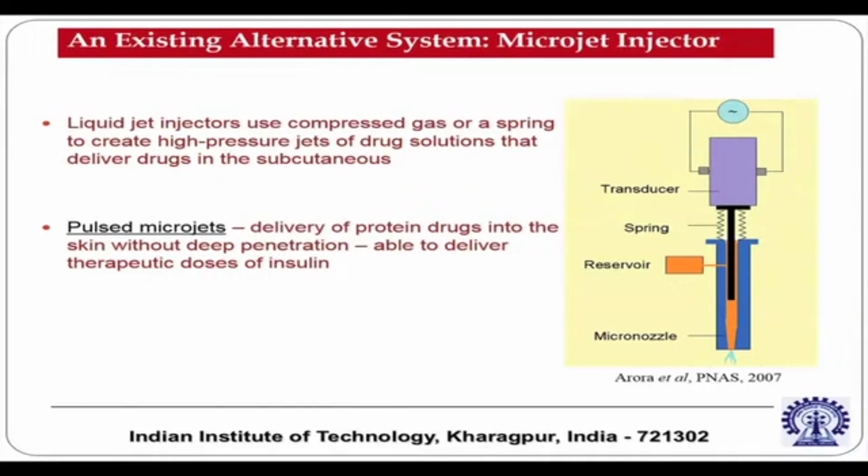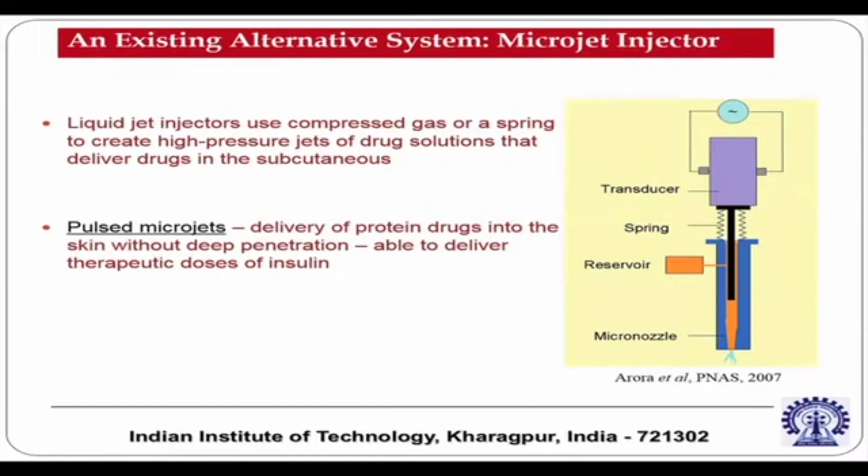There are several existing technologies to overcome some of these limits, for example a microjet injector, in which liquid jet injectors are used, in which compressed gas or a spring is used to create high pressure jets of drug solutions that deliver drugs.